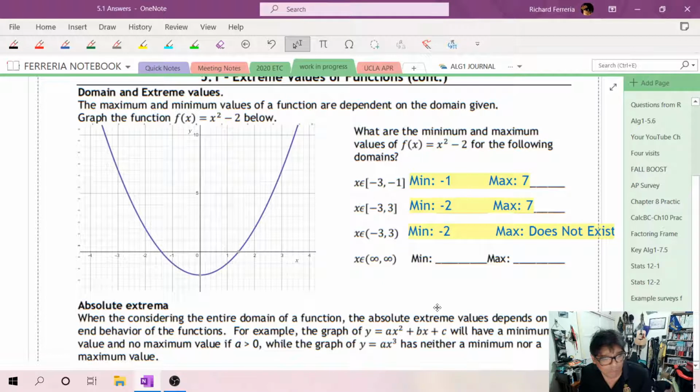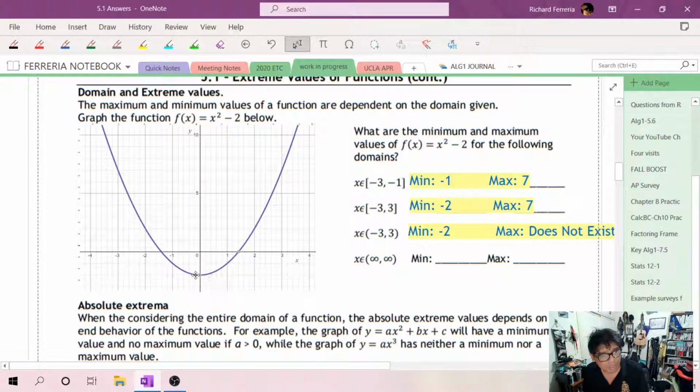Okay. Same thing's true for minimum value. If your minimum value is at a hole in the graph, then the minimum value doesn't exist. And if the minimum value occurs at an endpoint that doesn't exist, an open endpoint, then that minimum value is not going to exist.